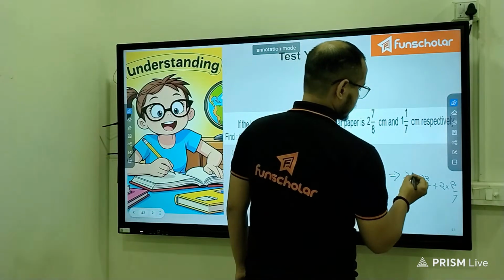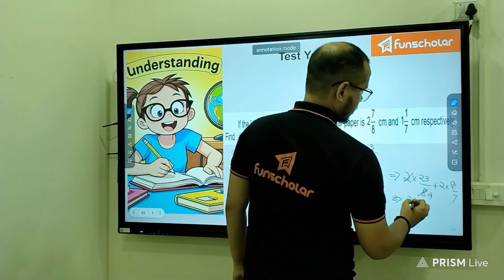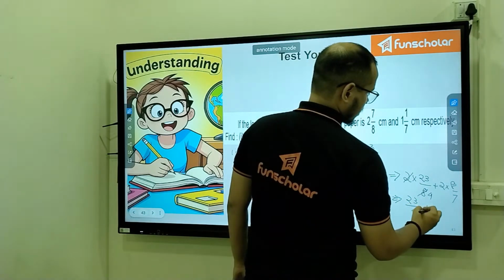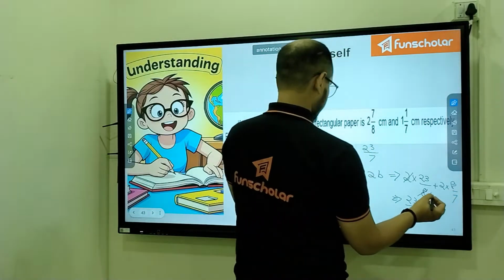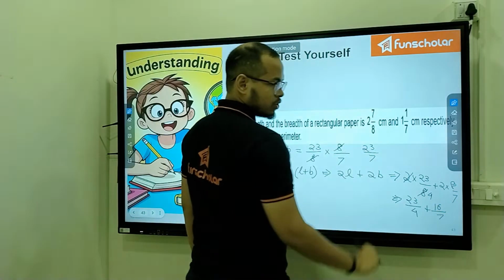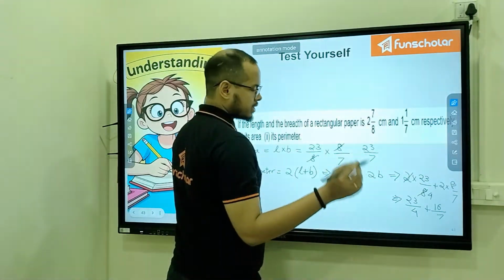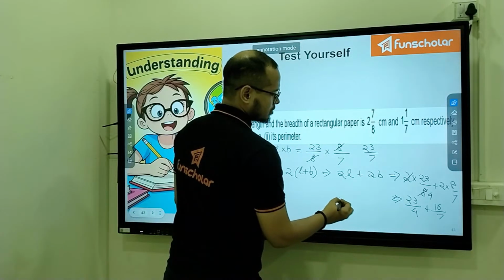This will give us 23 by 4 plus 16 by 7. See, 4 and 7 have no common factors, so these are co-prime. In case of co-prime, for the LCM you just multiply both of the terms. The answer here is going to be 28.